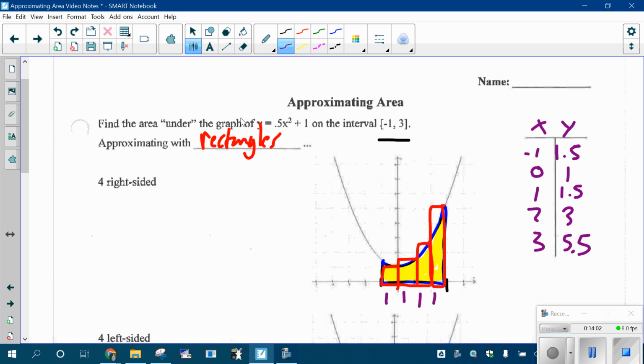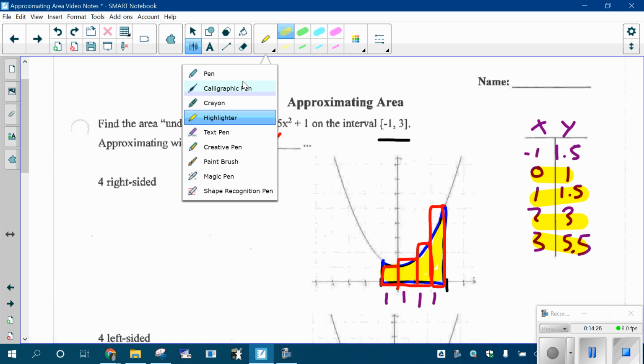When you do right-hand rectangles, something kind of cool is, this is a little confusing, but from -1 to 3, although it's a distance of 4, there's actually 5 points, including both the endpoints. But since we did right-hand rectangles, we actually used these 4 y values, and we didn't use the leftmost one because we had right hand.